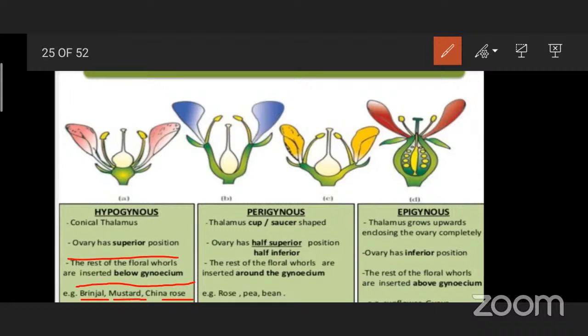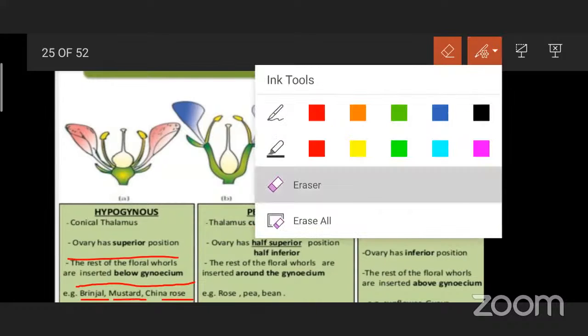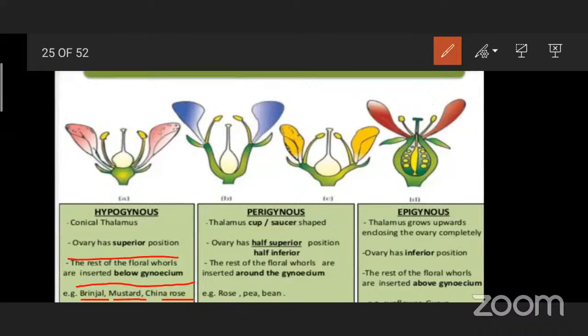Second one, perigynous. The perigynous ovary has a half superior and half inferior position. The rest of the floral whorls are inserted around the gynoecium. Examples, rose, pea, soybean, bean.